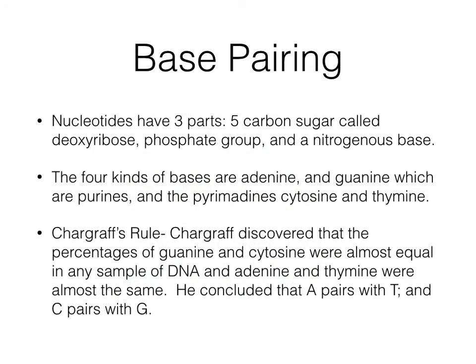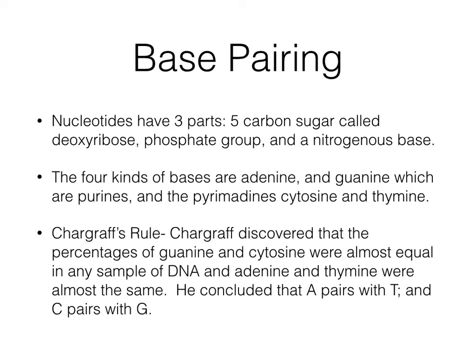Base pairing, the three parts: the 5-carbon sugar called the deoxyribose, the phosphate group, and a nitrogenous base. The nitrogenous bases are the purines and the pyrimidines, so adenine and guanine, and cytosine and thymine. Now Chargaff was a scientist who discovered that the percentages of guanine and cytosine were almost equal, and that adenine and thymine were almost equal.